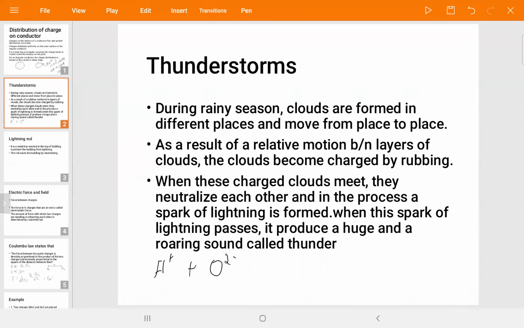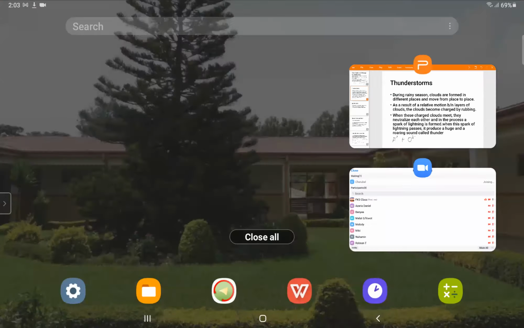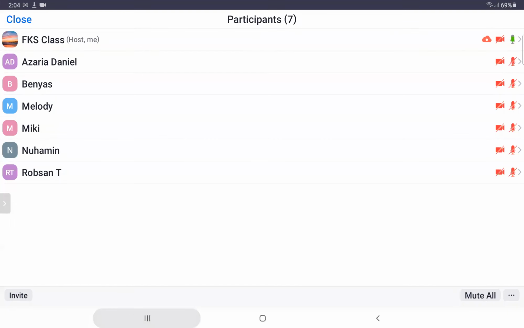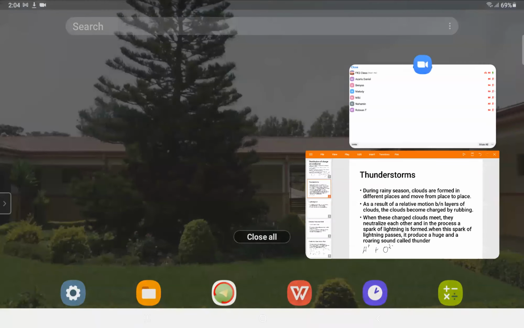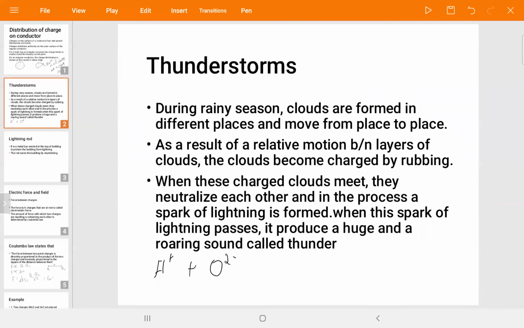The discharging will take place in a very short fraction of time and will form a spark of lightning, producing some energetic light. And when this light passes through the air, it produces sound, which is called thunder, a very huge sound.